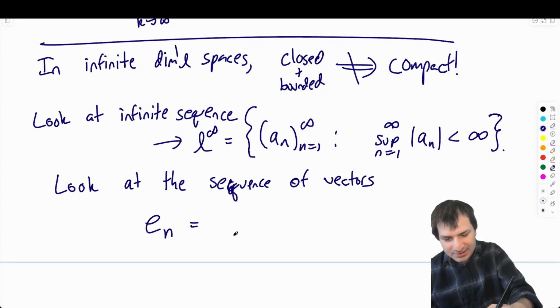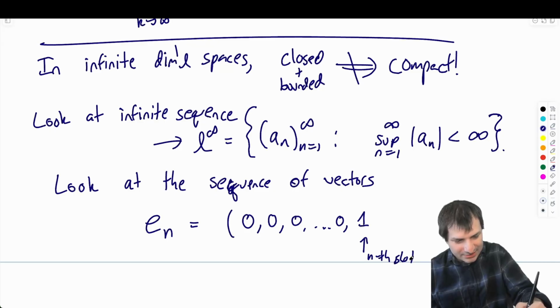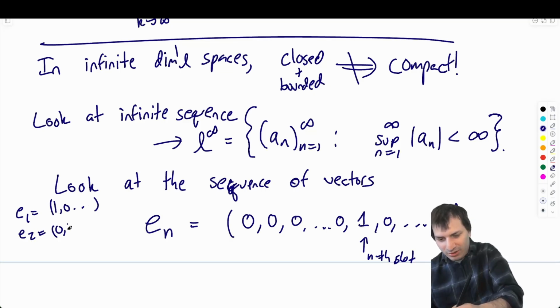And e sub n is the particular sequence that has zeros up until the nth slot, where it has a 1, and then it has zeros forevermore after that. So e1 is 1 and then all zeros. e2 is 0, 1 and then all zeros. e3 is 0, 0, 1 and then all zeros.